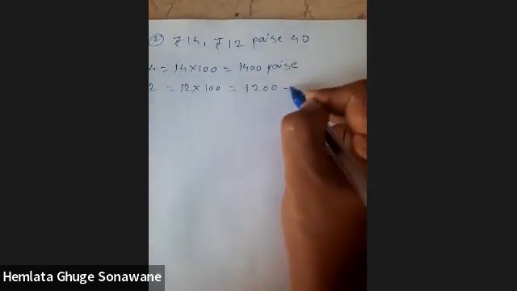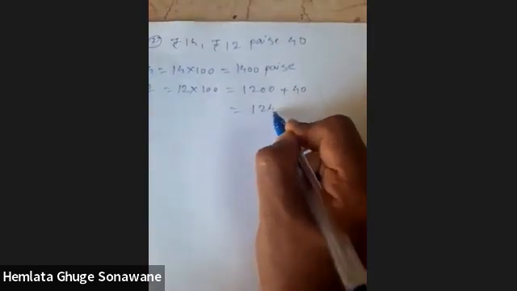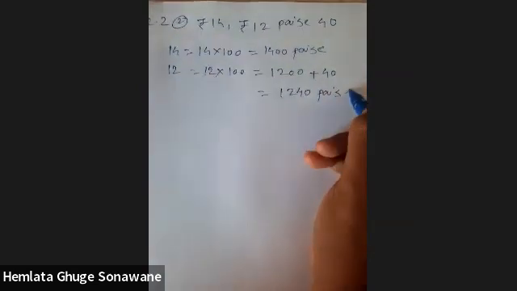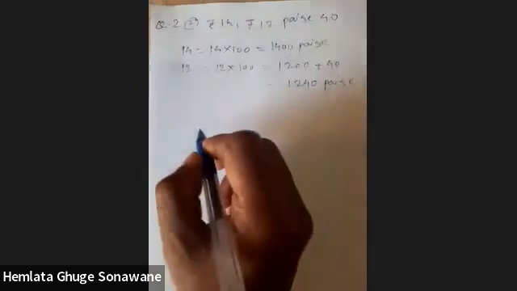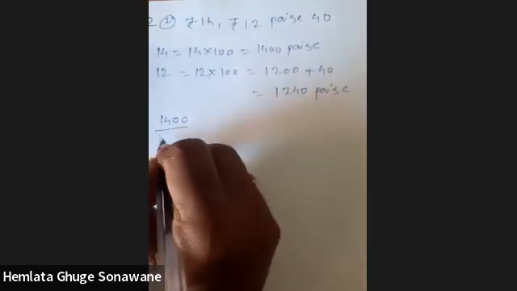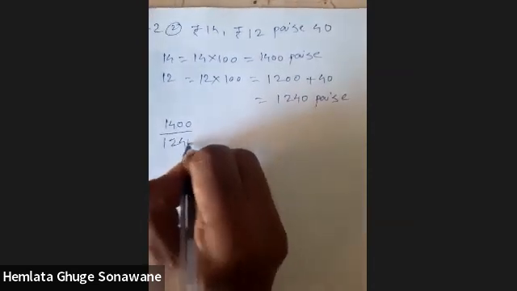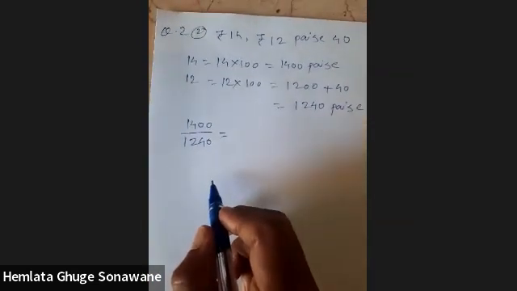Plus we have to add 40. So it becomes 1240 paise. Now we have equal units for both these quantities. That is 1400 paise and 1240 paise. Now we simplify this.